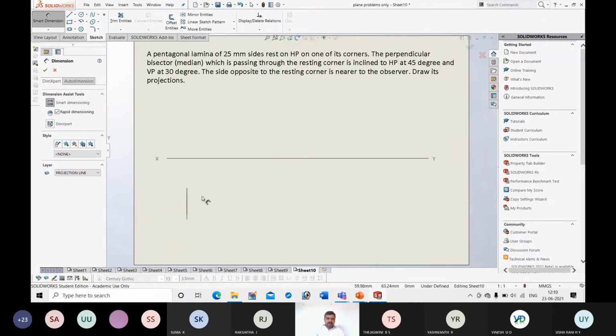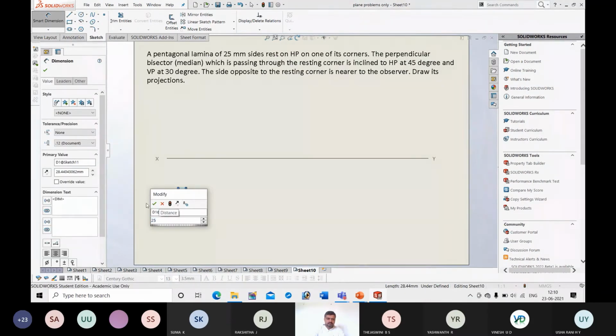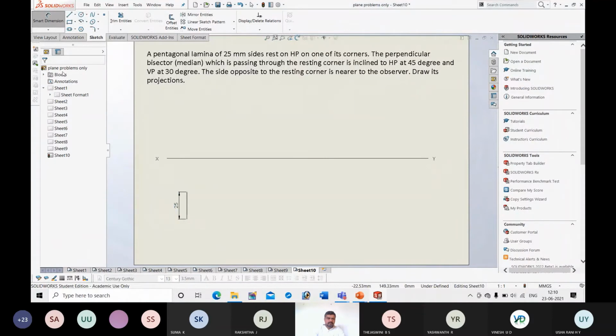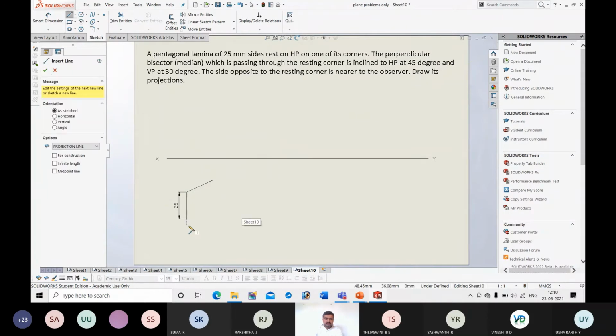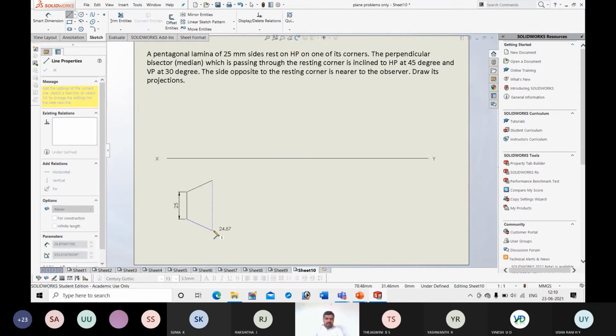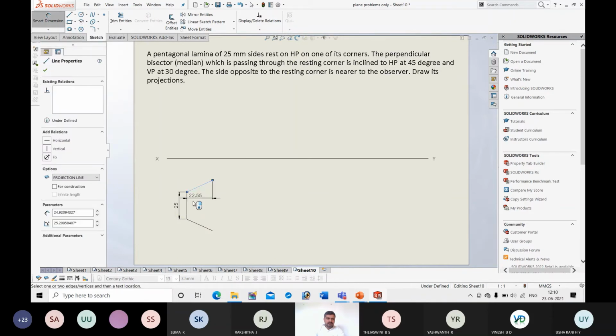Length is 25, the length of the side. Already I explained how to draw this pentagon. Follow the same procedure. Once again, I won't explain, I will draw it quickly.